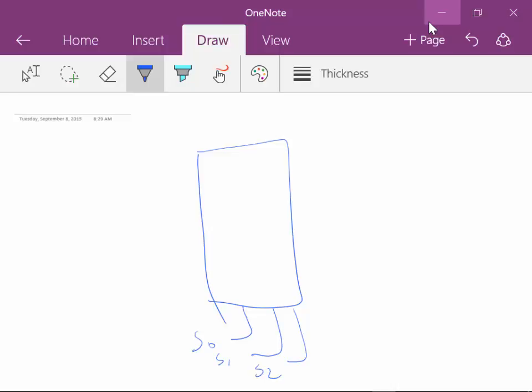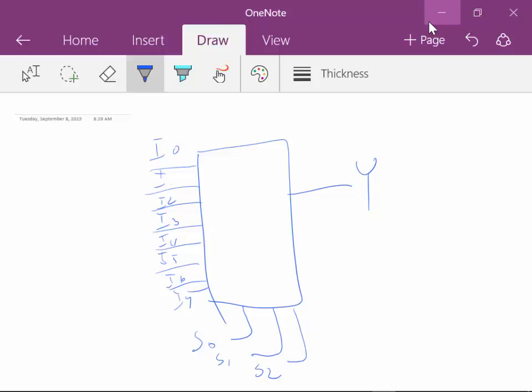So we have 3 lines coming in, and on this particular one we have 8 lines coming in from this end here. I'm going to call this I0, I1, I2, I3, I4, I5, I6, I7. And we have one output going out right here, Y.